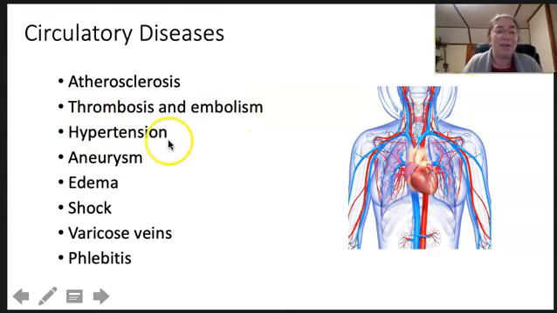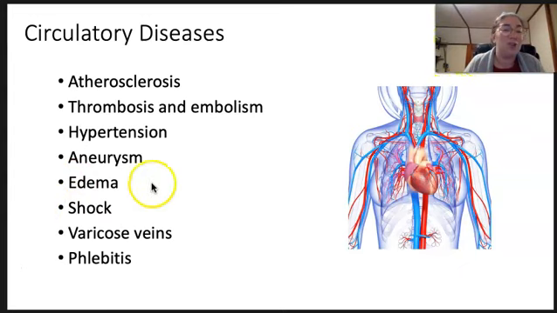Hypertension, which is the medical term for high blood pressure. Aneurysm, which is a swelling of an artery that can then lead to rupture. Edema, which is fluid buildup in the tissues that causes swelling of a body part. Shock, which is dangerously low blood pressure.